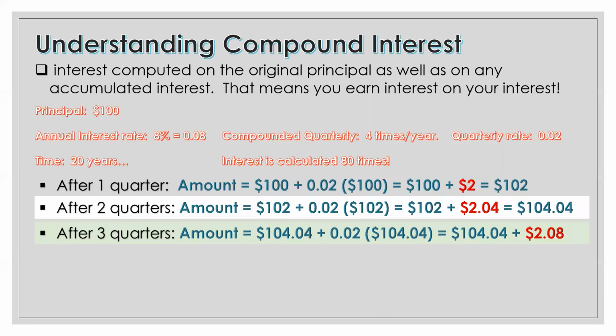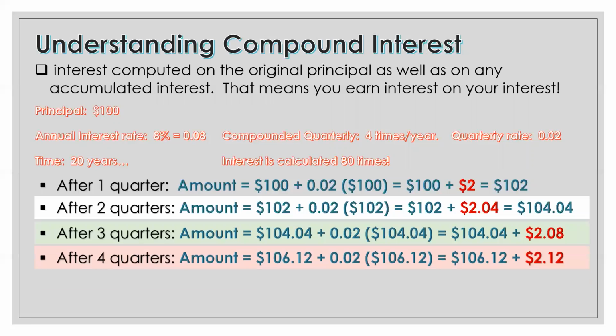After 3 quarters, you earn the same quarterly 2%, but not on the original $100, but on the $104 after quarter 2. So now we have earned $2.08. And after quarter 4, we would have earned $2.12.